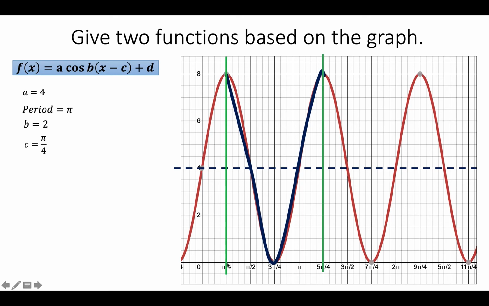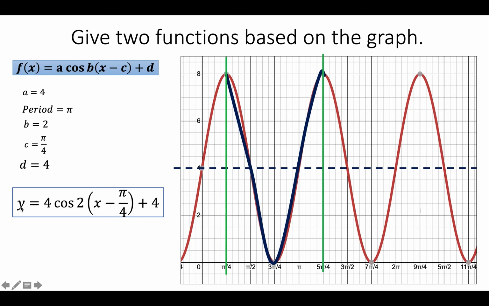And the value of D is still the same at 4. So we can now find the function. The function would be f of x equals 4 cosine 2, that's your B value, times the quantity x minus pi over 4, plus 4.